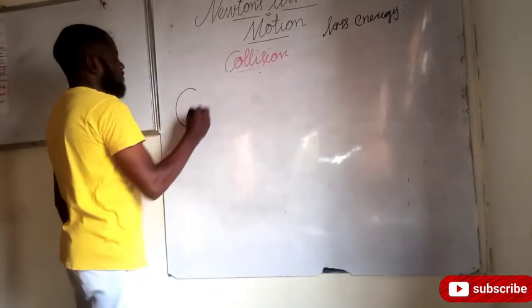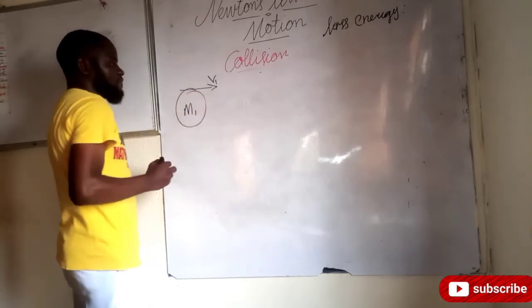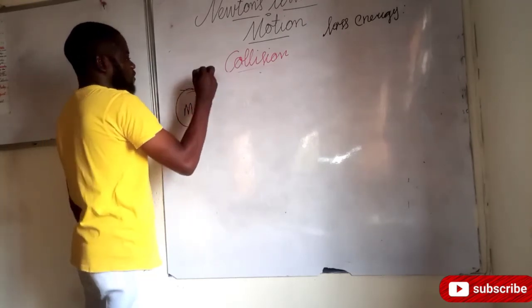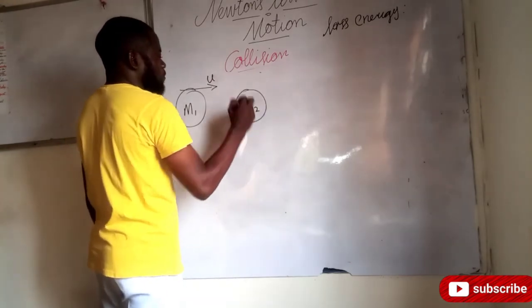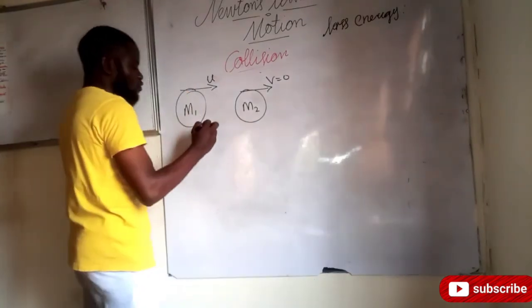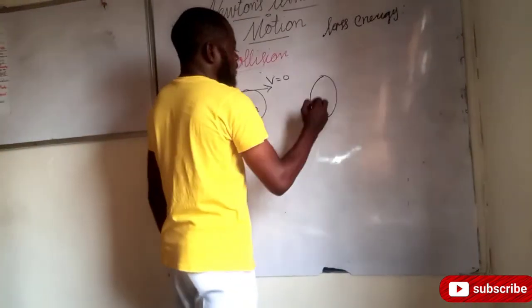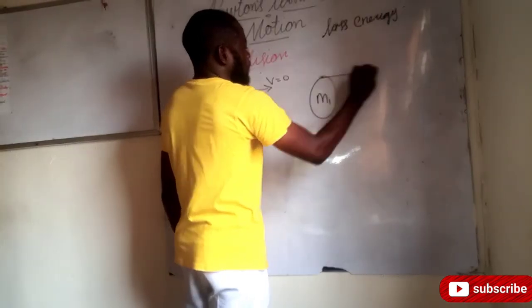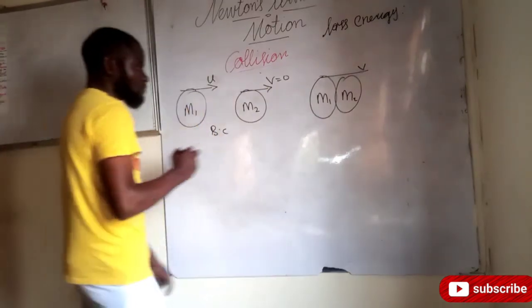If I have m1 moving with velocity v1, okay, let me call this velocity u because of what will happen here. And I have a stationary body m2. The velocity is 0. So that is when a body collides with a stationary body, and after collision, they both move with the same velocity.